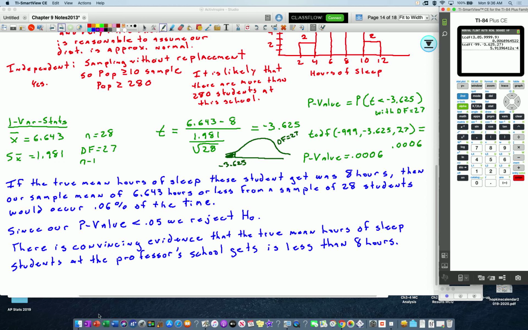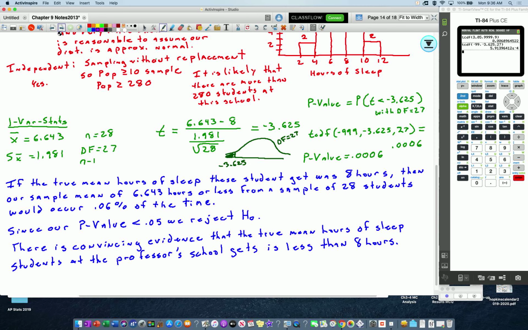Since it's less than 5%, oh yeah, we're definitely rejecting this. Meaning we do have convincing evidence that the true mean hours of sleep students at the professor's school get is definitely less than 8 hours. Not very surprised at that result. All right, 2 down, 2 more to go.